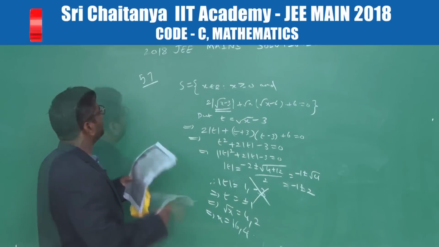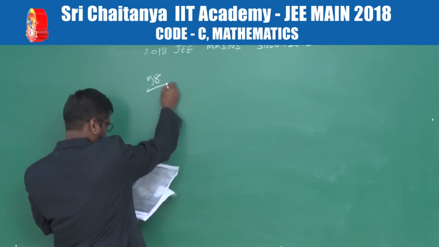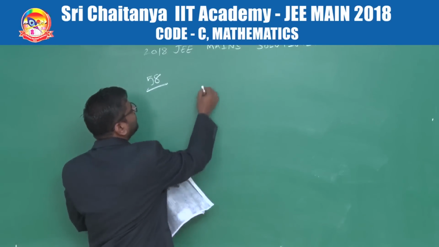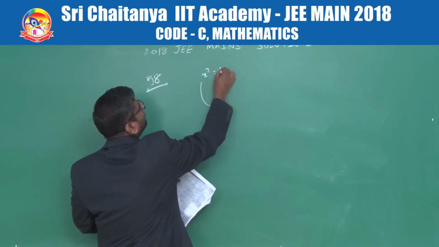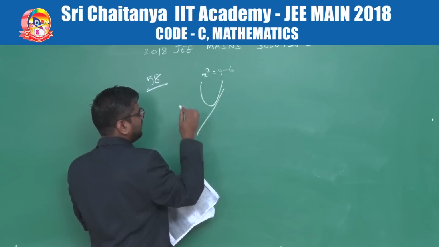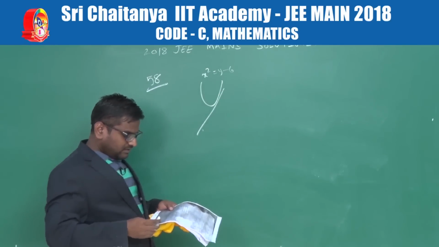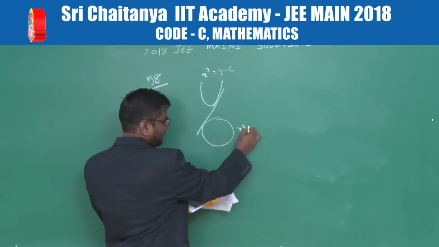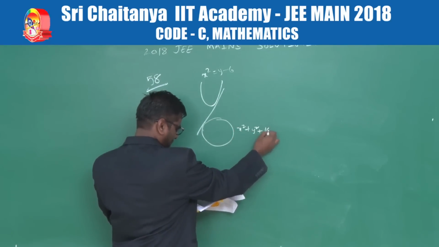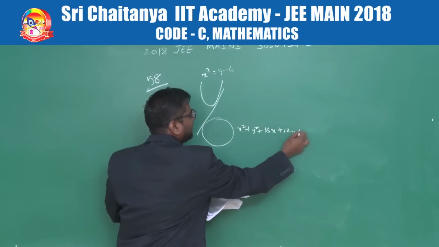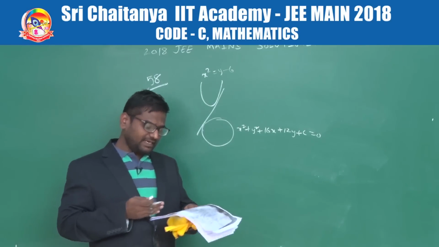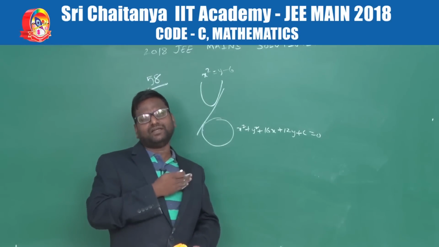Next question, question number 58. If the tangent at (1, 7) to the curve x square = y - 6 is a tangent to another circle, that is, it touches this circle x square + y square + 16x + 12y + c = 0. If we remember the standard tangent equation for this parabola, we can use it.